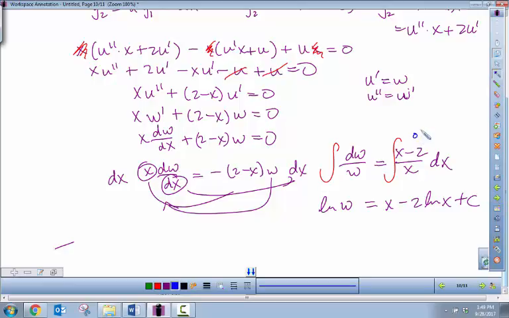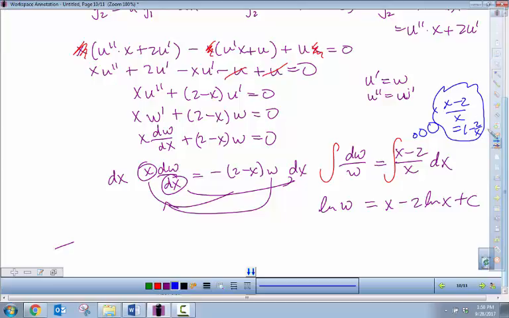So if you need help with the integral, (x minus 2) over x is equal to 1 minus 2 over x, and you just integrate that. So we have w, well, almost have w, if we take e to both sides.